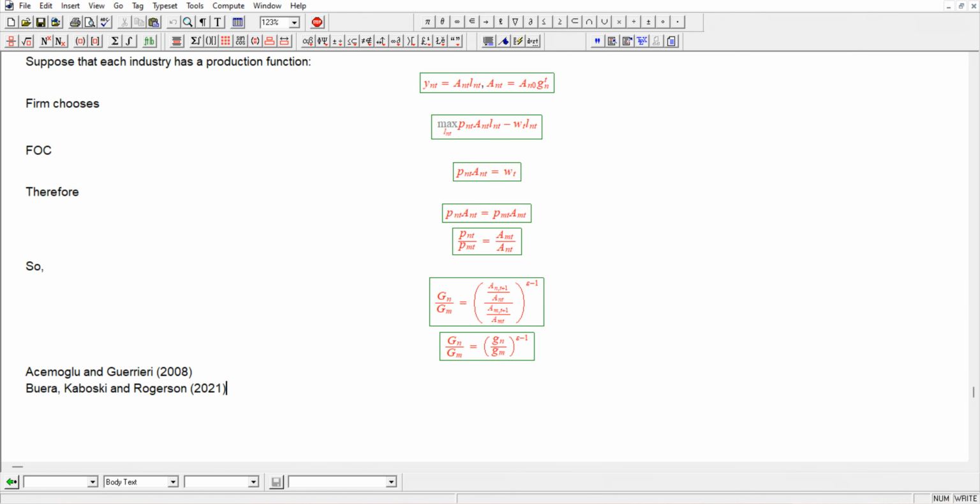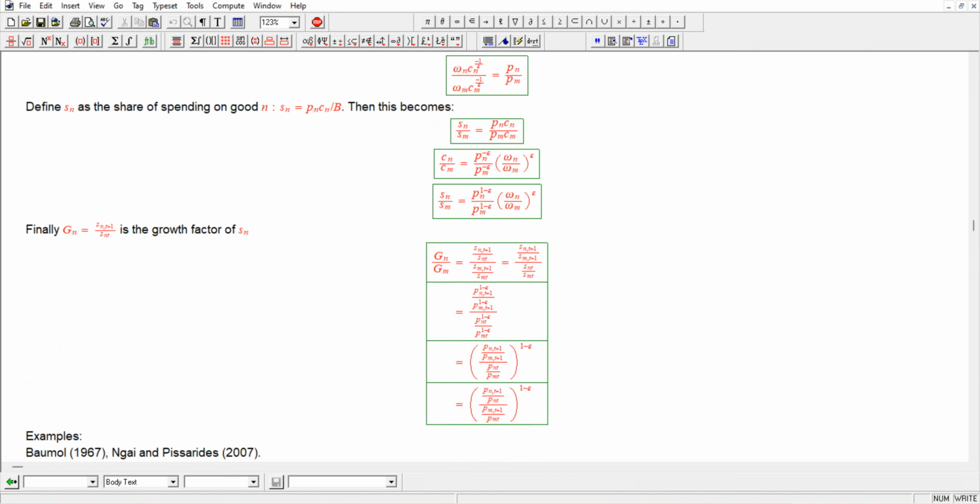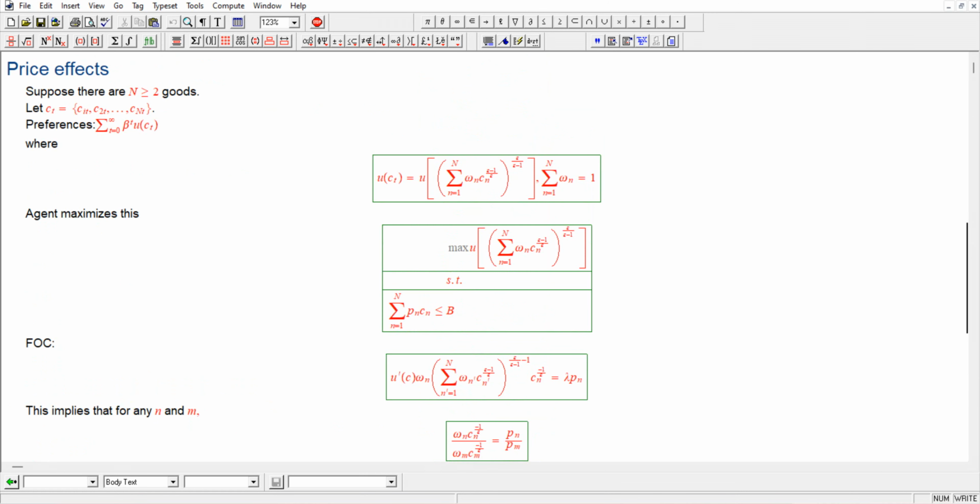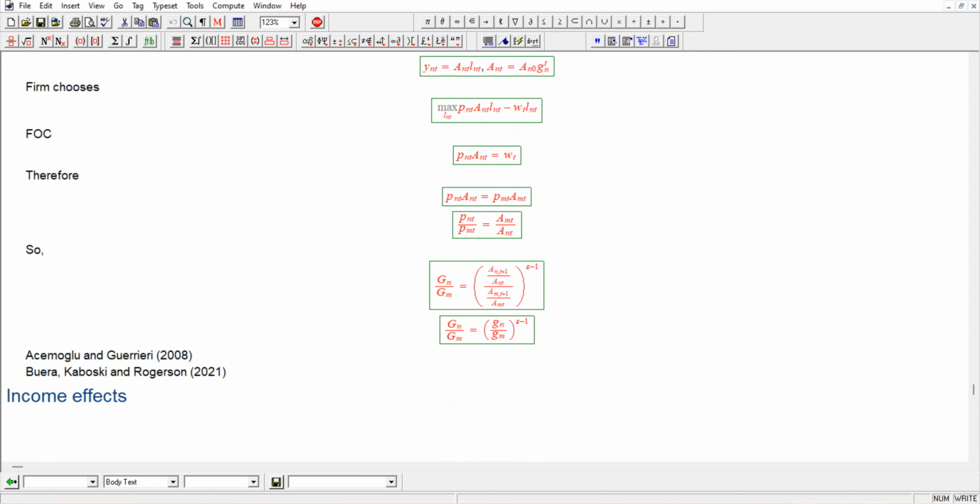Finally, we have a completely different set of reasons why structural change might occur, and we call that income effects. So to think about income effects, let's go back to our maximization problem here.